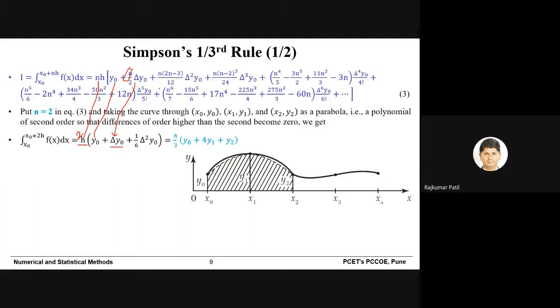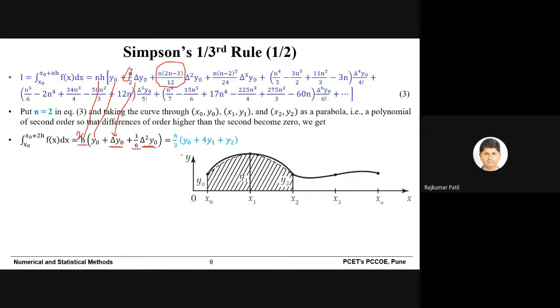Again, in this particular term we will put n equal to 2 and simplify. Upon simplification you will get 1 by 6 into del square y naught. And just like the trapezoidal rule, we will put the values of del y naught and del square y naught and simplify, the same as we did in the case of the trapezoidal rule.